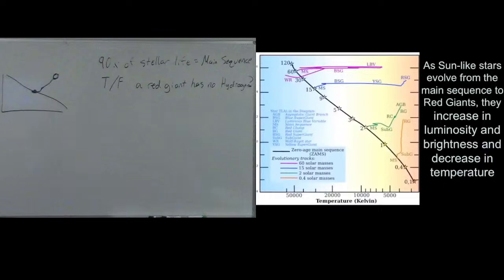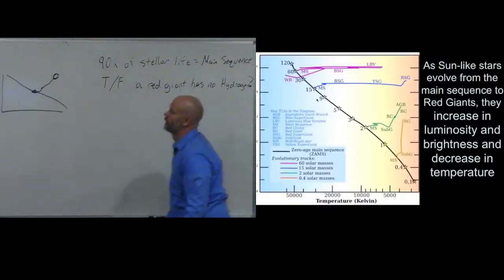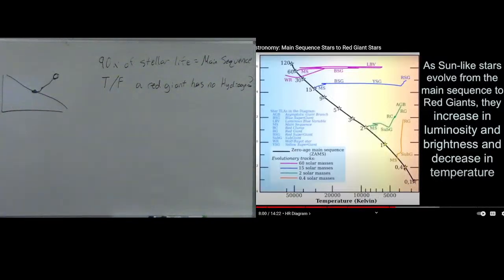We can also depict this change in properties of stars on the HR diagram. We have a main sequence that is depicted in this HR diagram, represented by the bold diagonal line. And along this line are star symbols. Okay, so this black line, we're used to seeing this stretch out quite a bit. They've kind of condensed this for space.